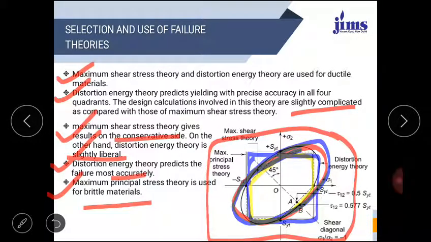It means if you are designing with the maximum distortion energy theory, then it covers all the points of the maximum shear stress theory, and beyond that it also provides some area where your component may sustain. So in the case of ductile material, it predicts better dimensions of the component for the same loading system. That should be considered and taken care of.